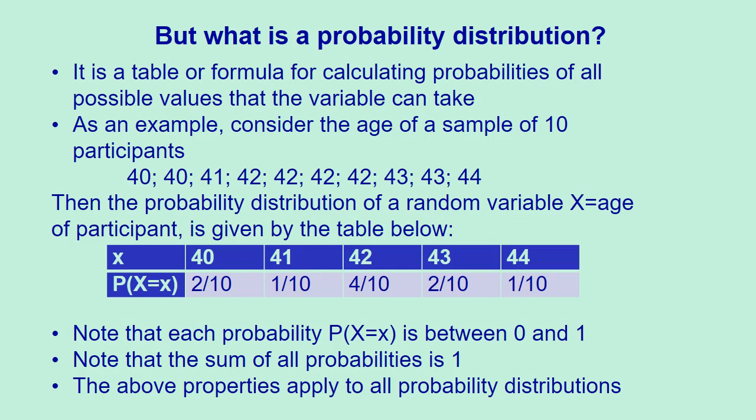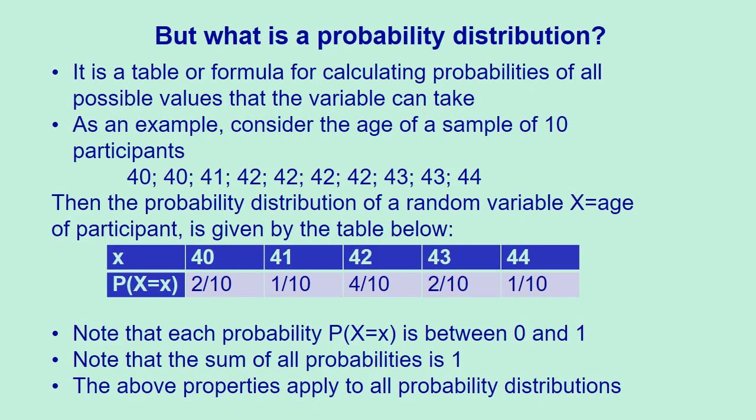A probability distribution for a random variable gives the probability for each value of the random variable. It can be in form of a table as shown in this slide, or in form of a formula. As an example, consider the data given in this slide for a random variable age in years.